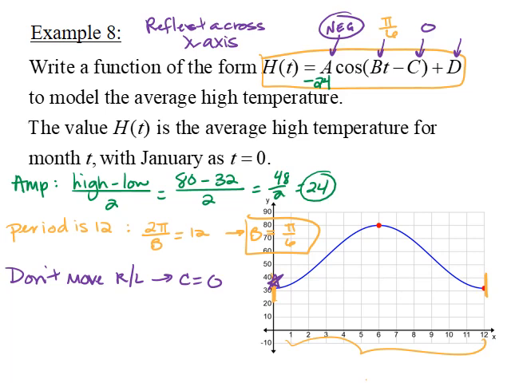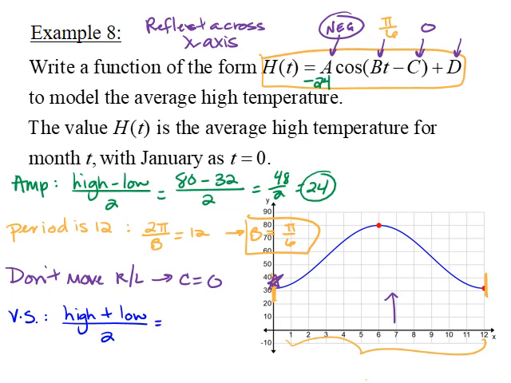And then finally, we're going to want to identify the vertical shift. So we want to figure out how many units upward this graph traveled. There are a couple ways you can do this, but one thing you can do for the vertical shift is take the high value plus the low value and divide by 2. This will give you the halfway point.